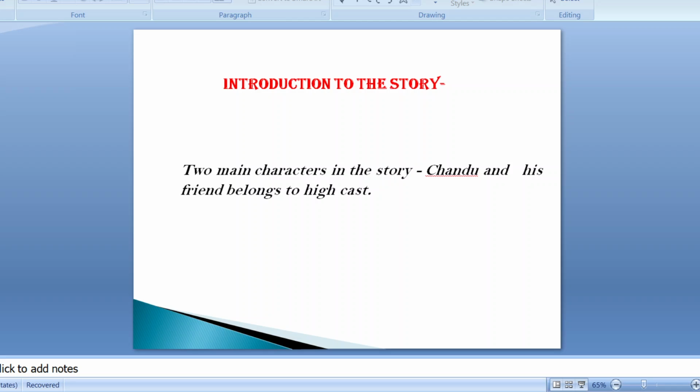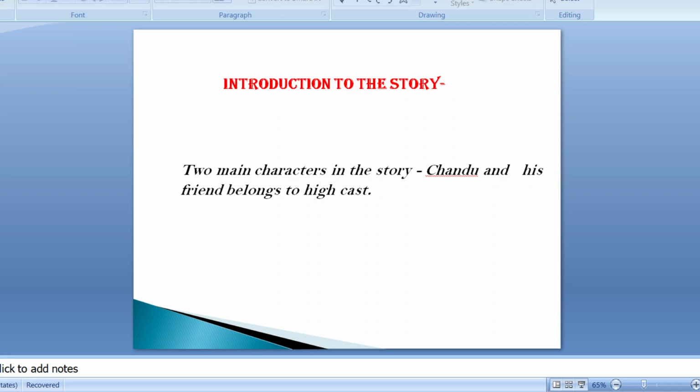However, the high caste friend loves Chandu very much. Chandu was a bright boy, bright in his studies and also in his behavior in daily life.